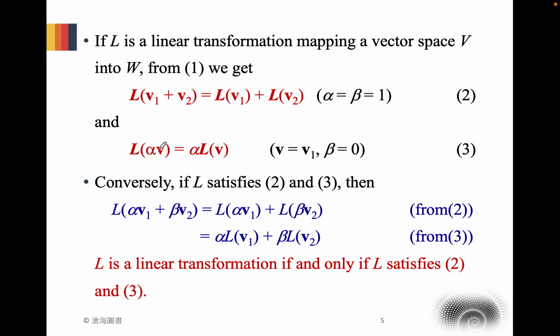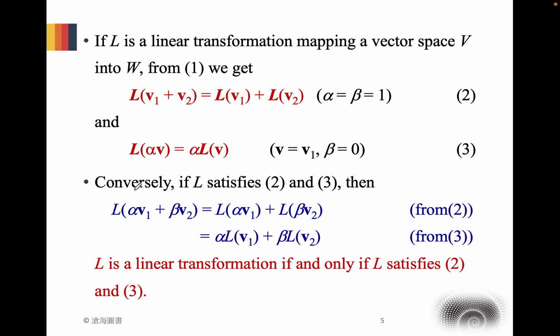If we multiply vector v by alpha first and then do the mapping, that is equal to we do the mapping first and then multiply with alpha. So in this case, beta is equal to 0 and v1 is equal to v. So according to the definition mentioned previously, we can get these two properties, right?